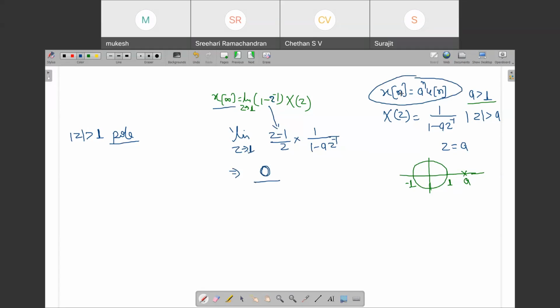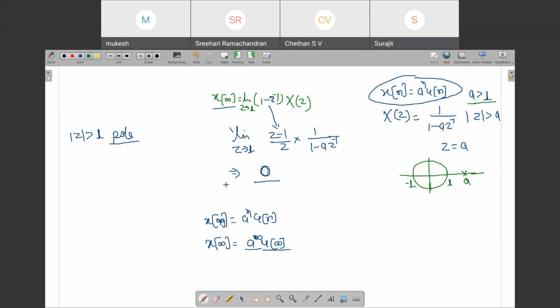Now let's calculate x of infinity in the time domain for the same signal, a to the power n u of n. This is the x of n, and I want to calculate x of infinity. I will replace n with infinity: a to the power infinity, u of infinity. u of infinity will be equal to 1, and a to the power infinity will depend upon the value of a, whether it's greater than 1, equal to 1, or less than 1.